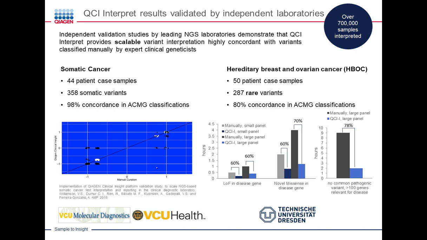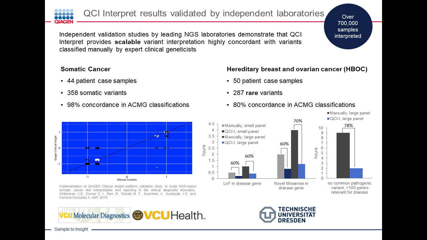QCI has been used for many hundreds of thousands of samples by laboratories worldwide. QCI is available in most of the world currently. And it's gone through several independent validation studies by leading sequencing laboratories that compared their prior fully manual approach to the streamlined automated approach that QCI provides.